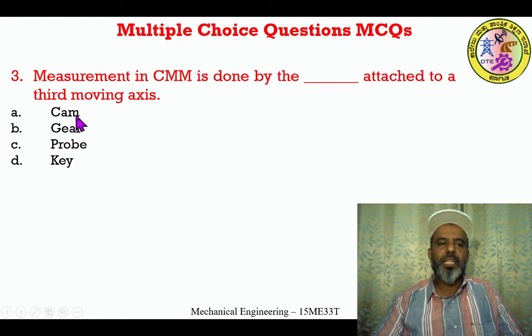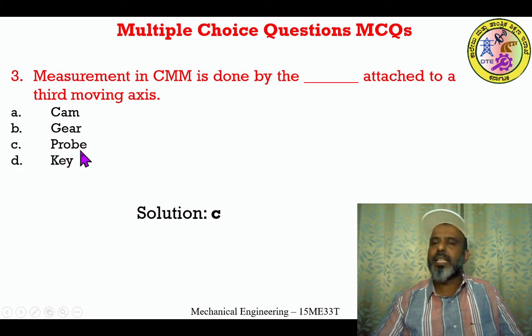The first answer is cam, second is gear, third is probe, and fourth is key. The correct answer has appeared: it is C, probe. The probes are mounted to the third axis, that is the Z axis. We mount the probe for measurement purposes. This is the correct answer.